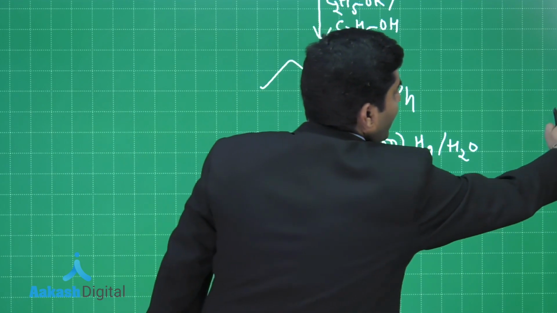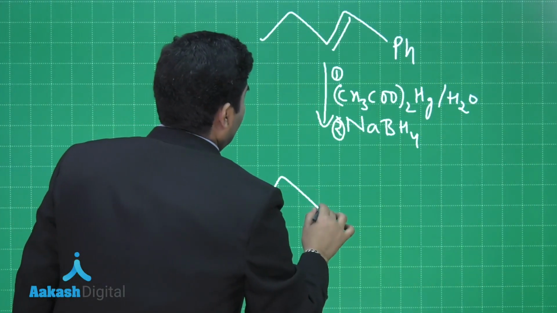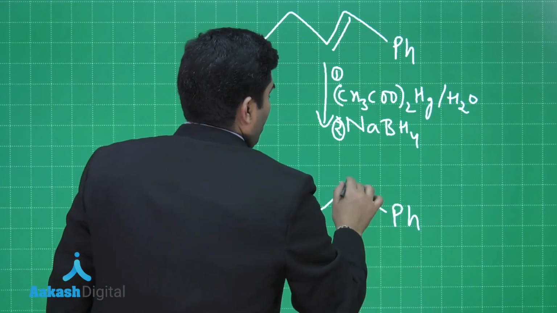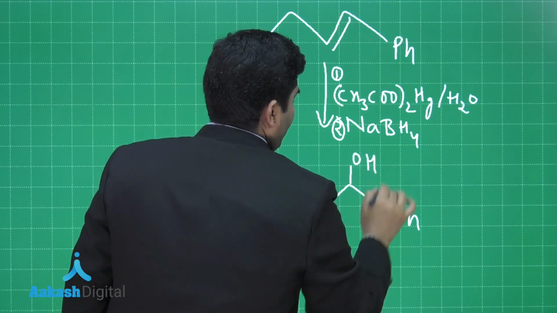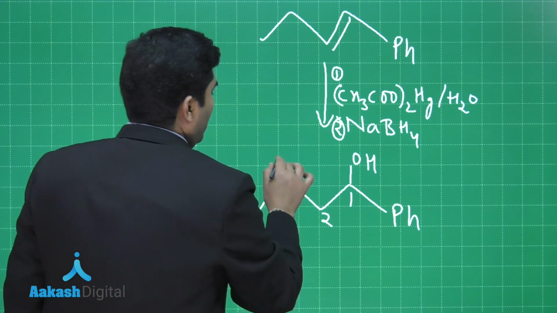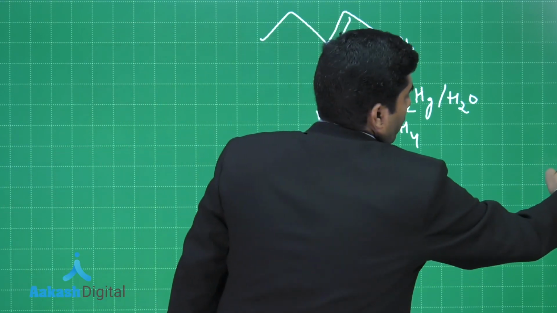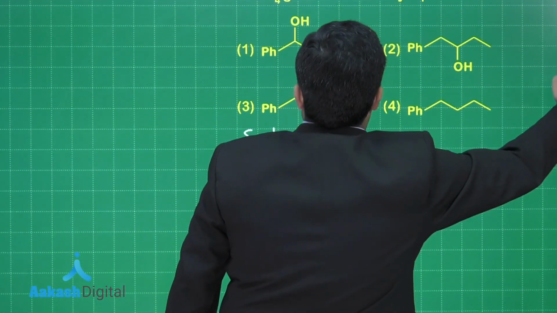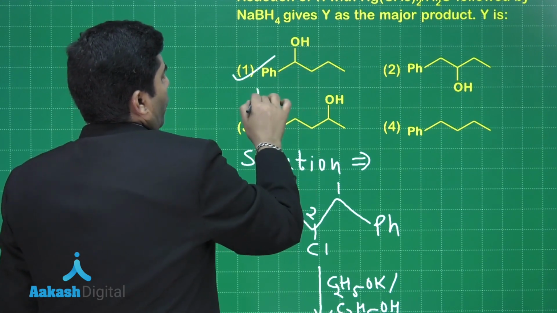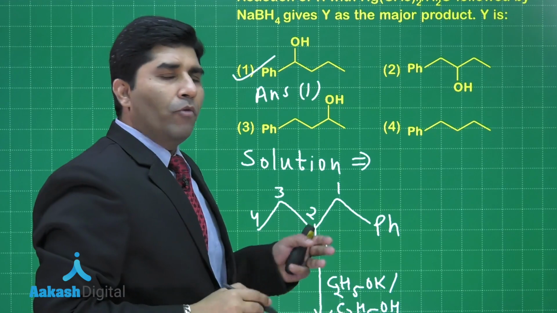So if we get the Markovnikov's product, the answer will be this. So it is 1, 2, 3, 4. So our answer is option number 1, right? Let's move on to the next question.